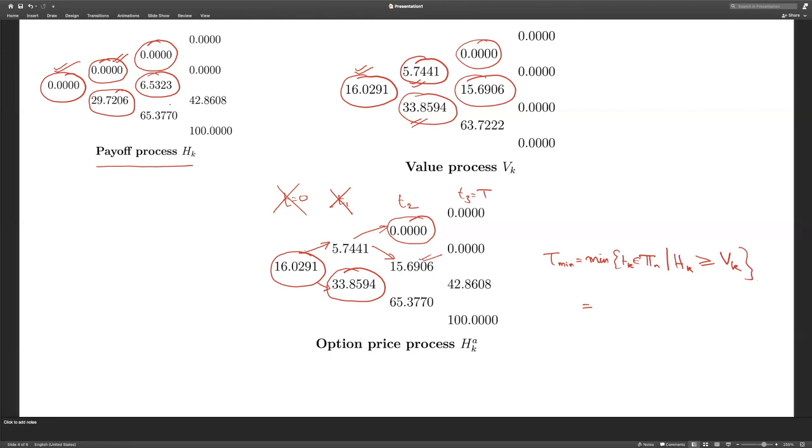Let us take the third case. It means from the level t equal to 0 till t equal to T2, the stock kept on going down, and reached T2, then the value of the option is the maximum between the payoff, that is 65.377, and the value of the replicative portfolio at level T2 in that case, which is 63.77.